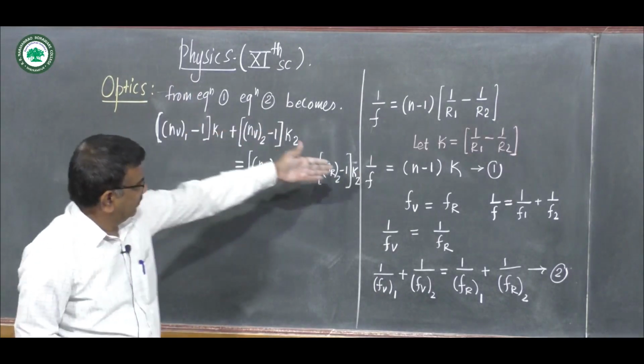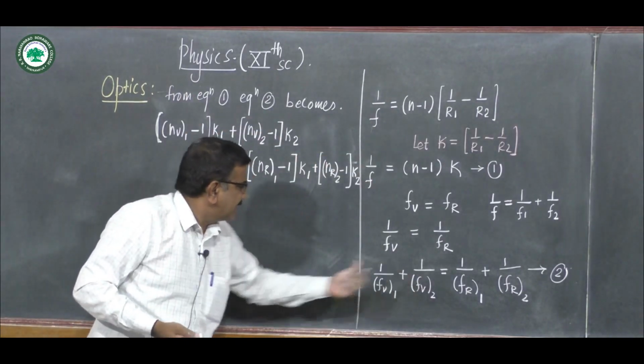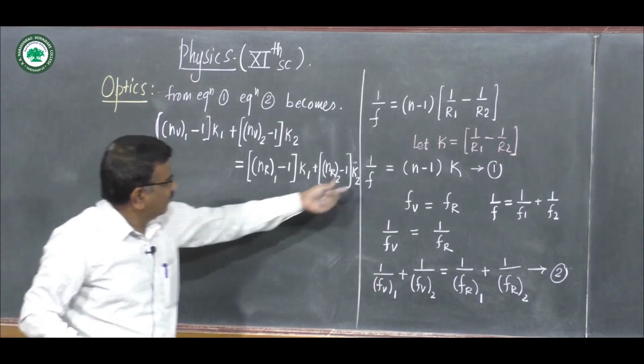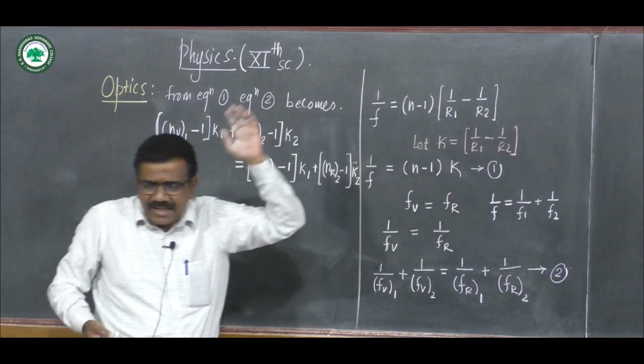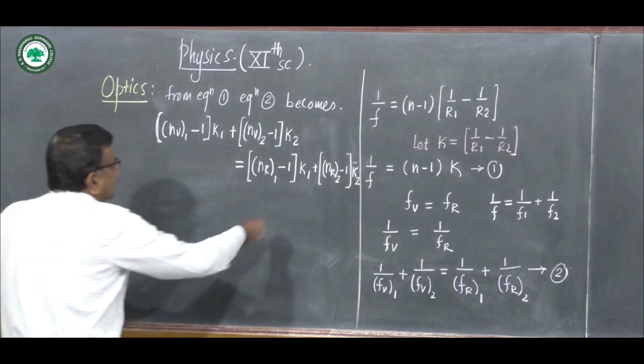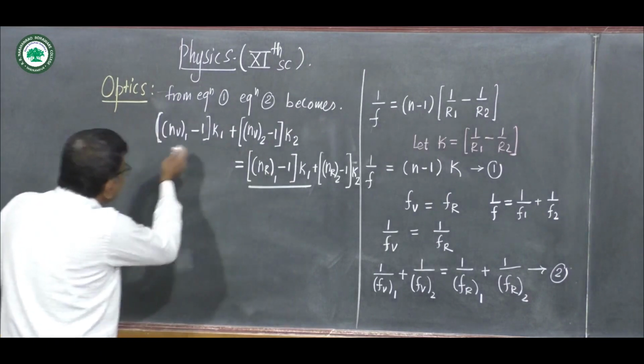From the equation 1, we write the value as 1 upon F is (n minus 1) K. Now here this term becomes minus.